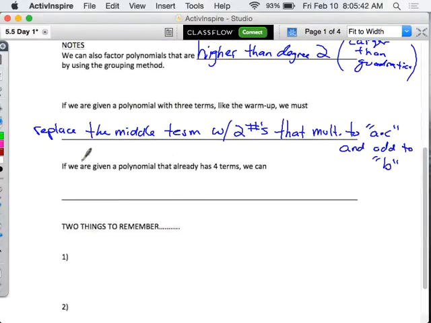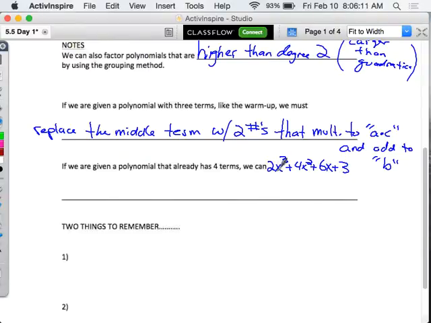What about if we're already given four terms? If we're already given four terms, it's actually a little bit easier. So if we're already given something like 2x cubed plus 4x squared plus 6x plus 3, if we're already given something that has four terms, now this becomes easier.